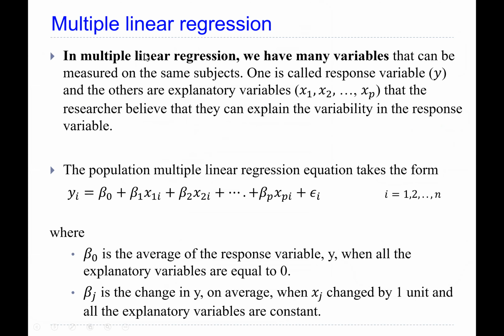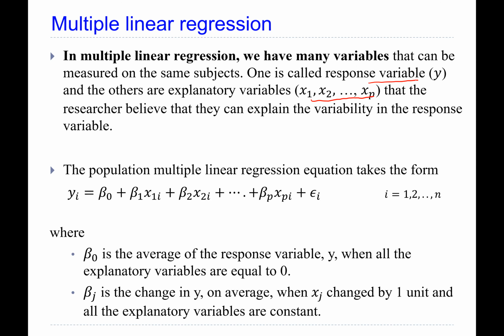So in multiple linear regression, we have many variables. One of them is called the response variable, and the others are explanatory variables. And the researcher thinks that these explanatory variables have some impact on this response variable. They can explain the variability in the response variable.